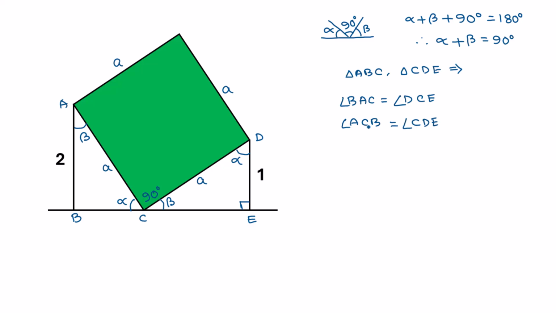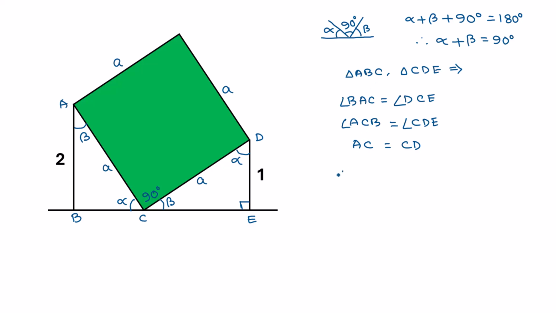These two angles are equal and the side length AC is equal to the length of CD because both are sides of this square. So AC is equal to CD. So these two triangles are congruent.